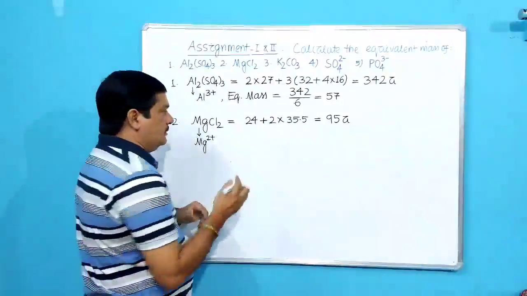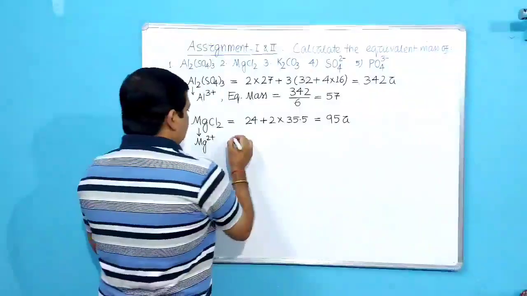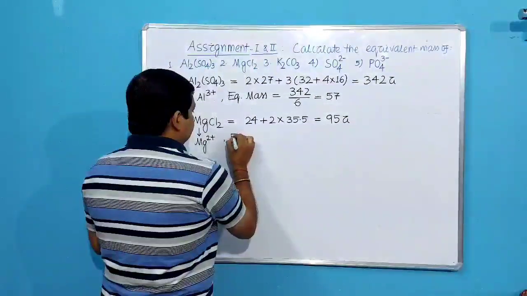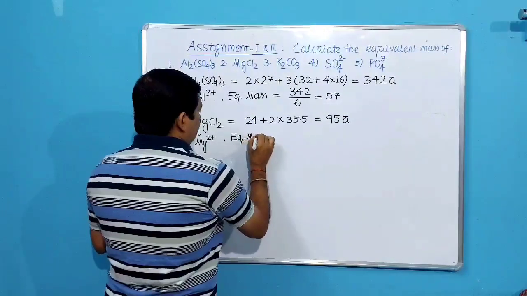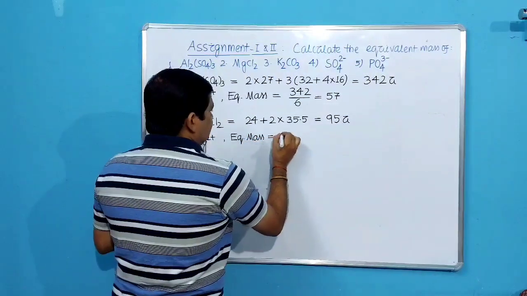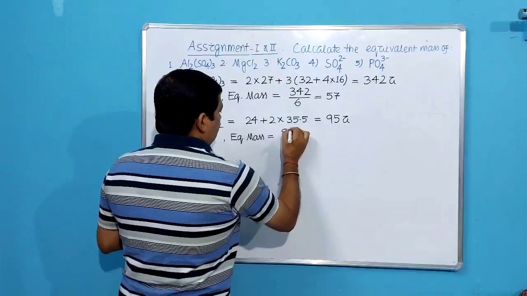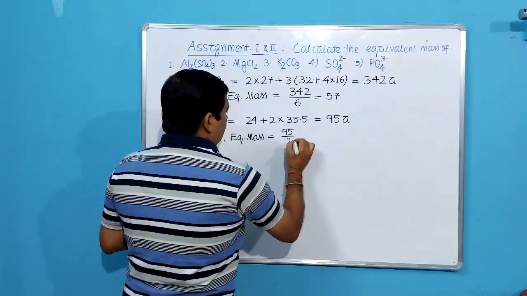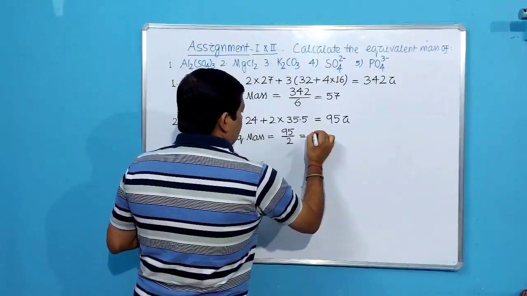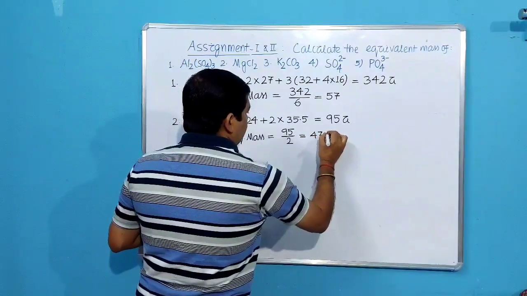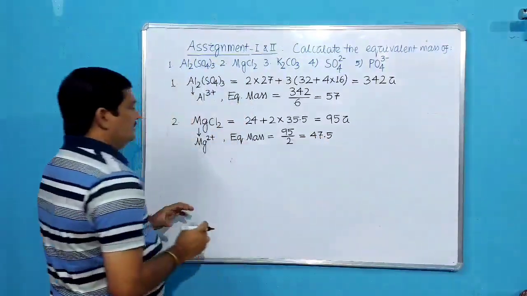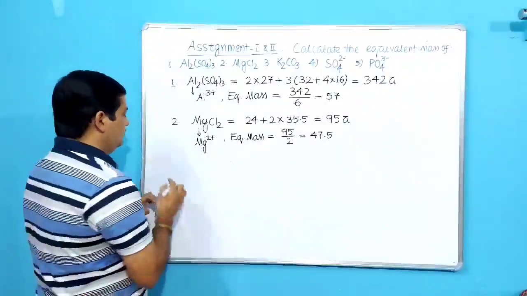Only 1. So the total valency is 2. What will be the equivalent mass? Molecular mass by total valency, so 95 by 2, 47.5. This is the answer, the equivalent mass of magnesium chloride.